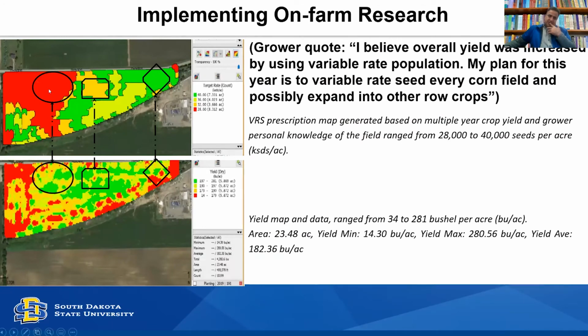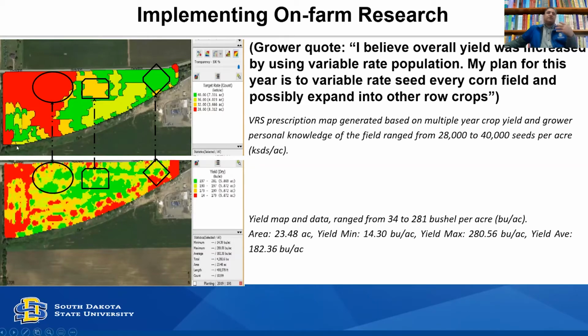This is one project. The recommendation was this for the field. Usually, the grower was applying the flat rate with this recommendation. When we create zones and apply different rates, we got higher yield. This is what we want to see: with reducing the input, we actually improve or increase the yield.